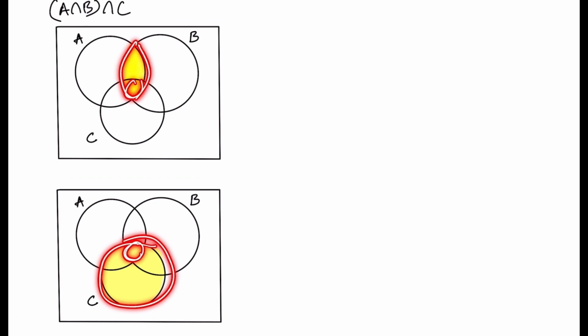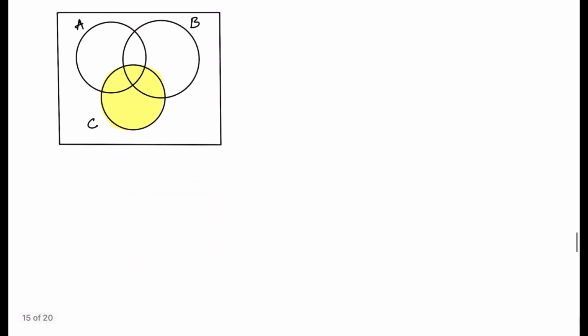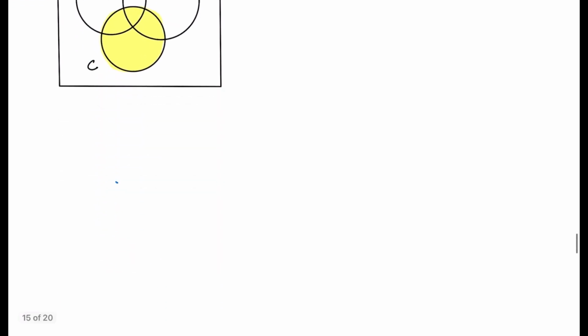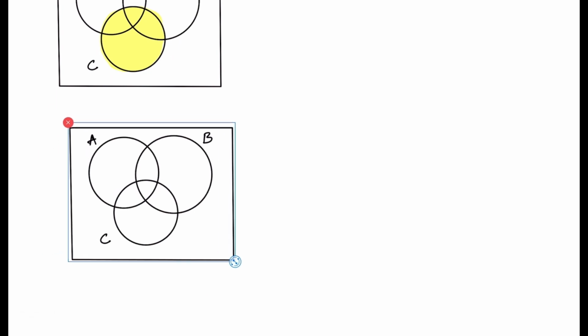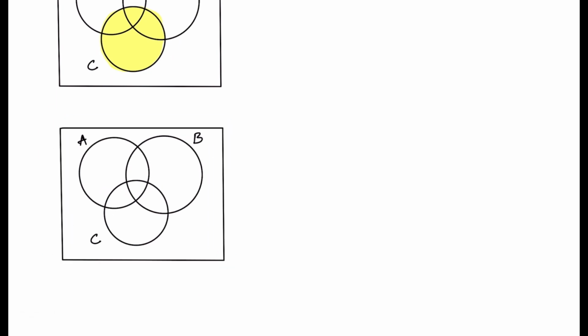So the final common region will be this region. This is the region A intersection B intersection C.